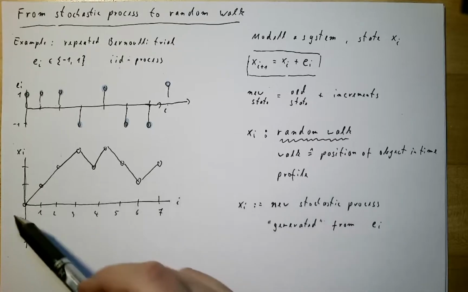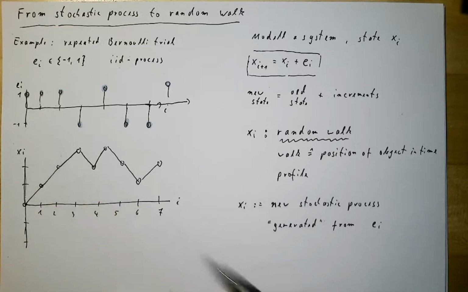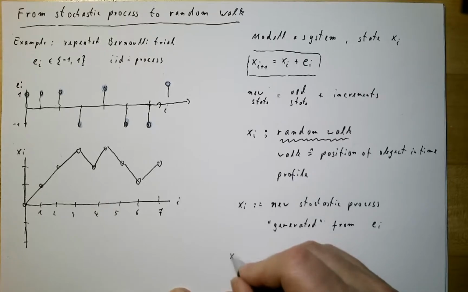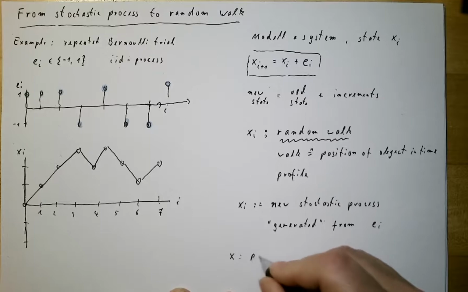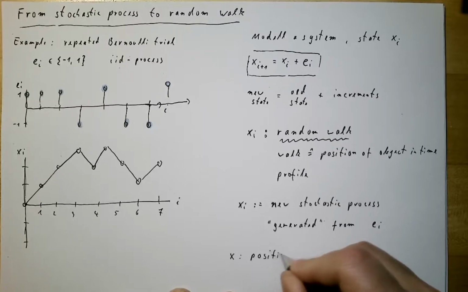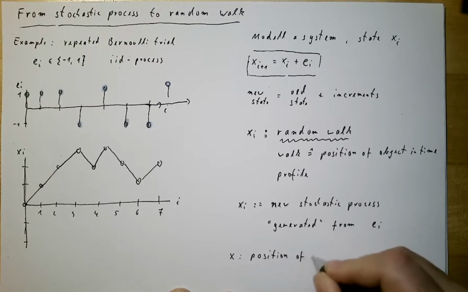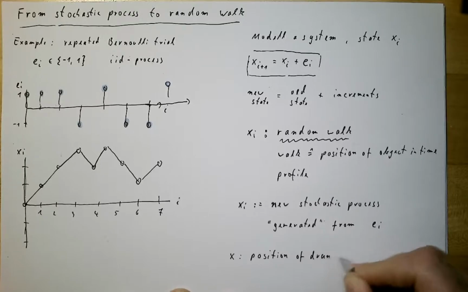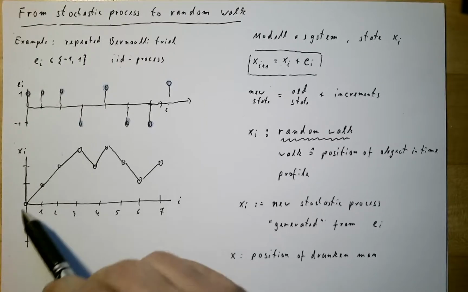Sometimes people take this more literally, and then we say X is the position of a drunken man. So this man leaves his pub, which is here.